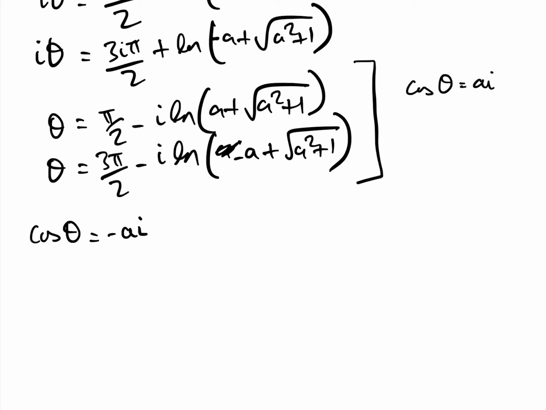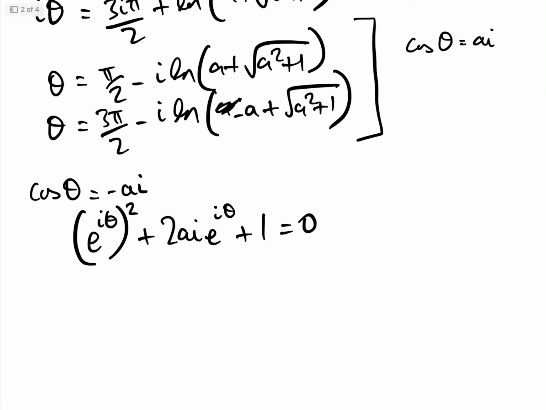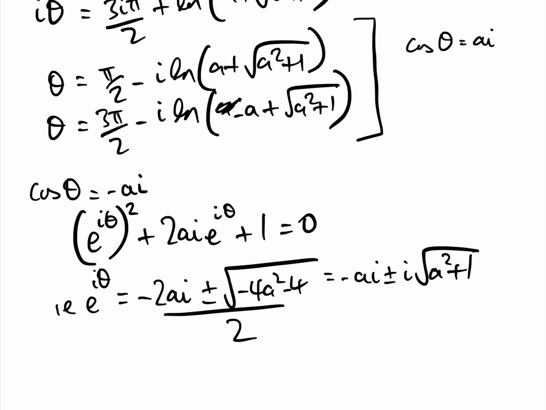So basically it's the same as the other one, but we get e to the I theta squared add 2ai e to the I theta add 1 equals 0, i.e. e to the I theta now is slightly different. It's minus 2ai plus or minus root minus 4a squared minus 4 over 2, which equals minus ai plus or minus I root a squared plus 1.